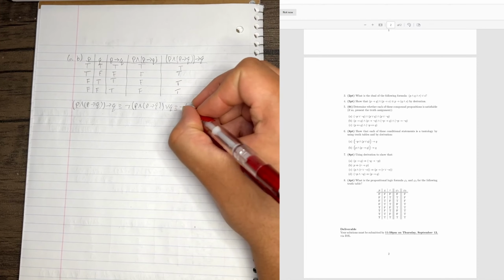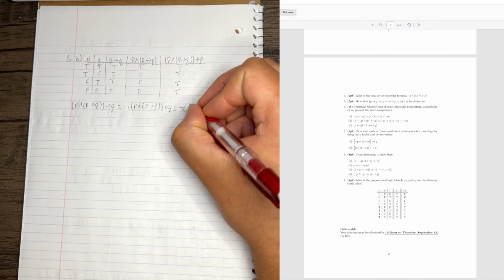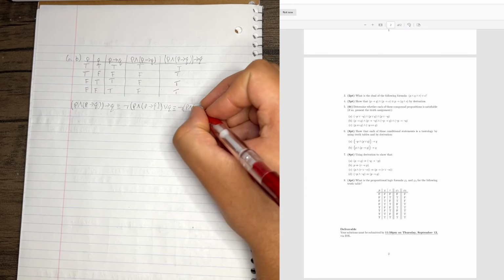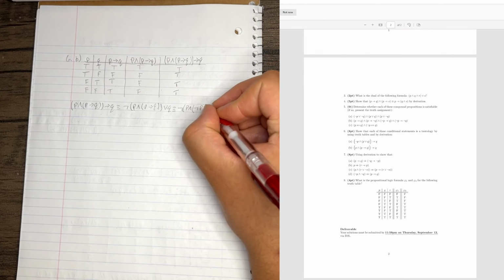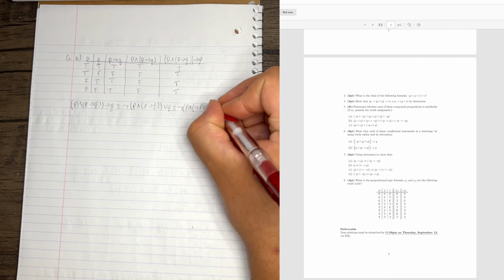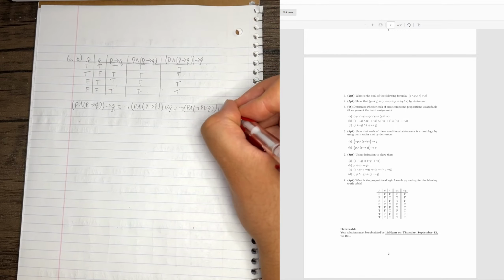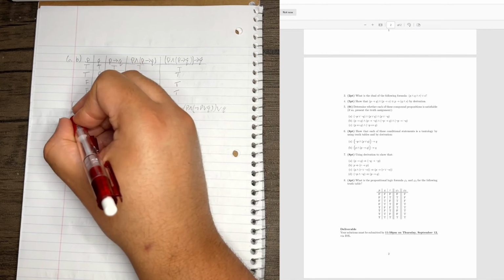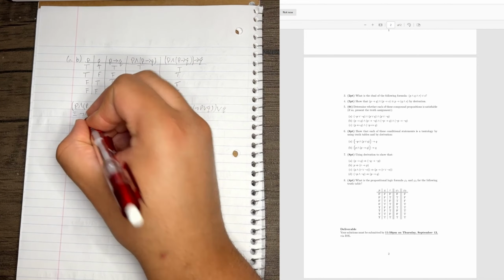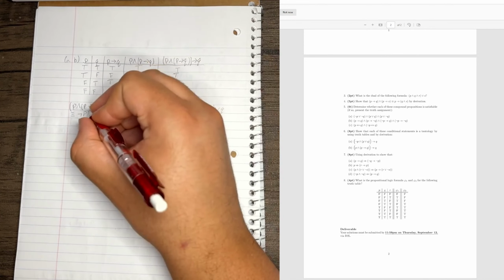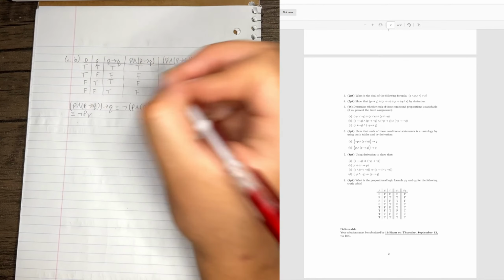I want to convert that first next. Not P or Q or Q, which is equivalent to not P. That's an 8, so turn that into more.